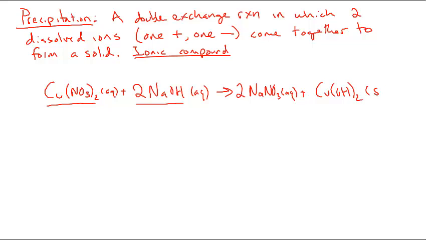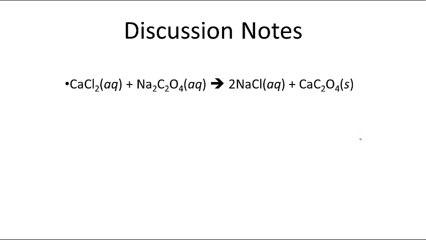And this is a solid. So this is our precipitate, the copper hydroxide. Now, here's another example right here. We have calcium chloride and sodium oxalate. This is the kidney stone.